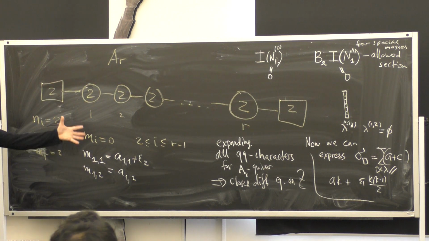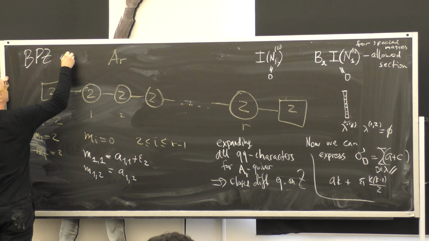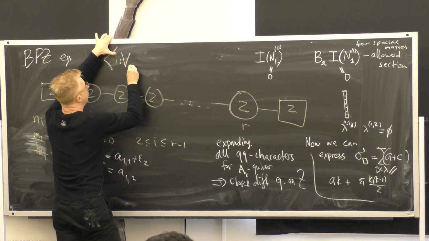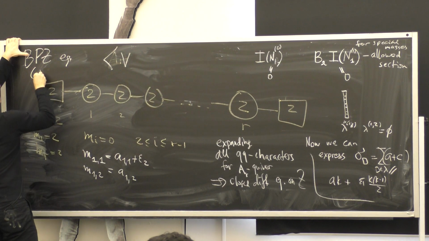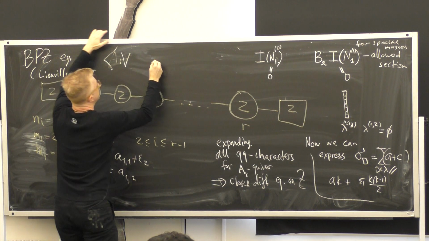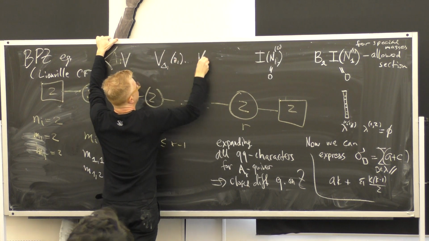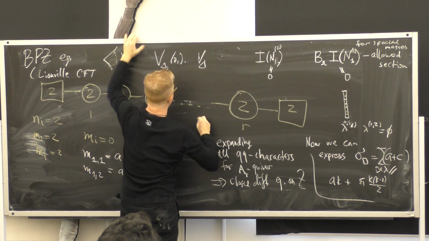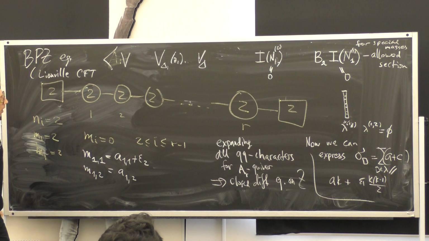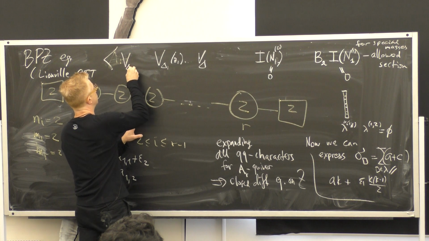And then it turns out that this equation coincides with the BPZ equation, which is obeyed by the correlation functions in Liouville conformal field theory. So you study correlation functions of primary operators in the Virasoro algebra. The number of these operators for the quiver of size r will be r plus 3. So let me first take to be 0.